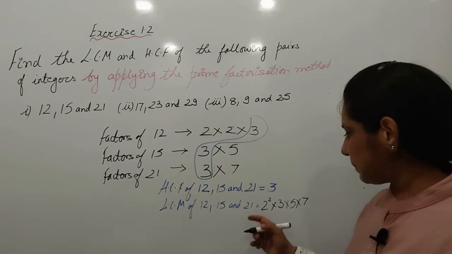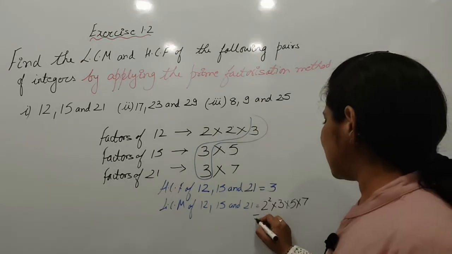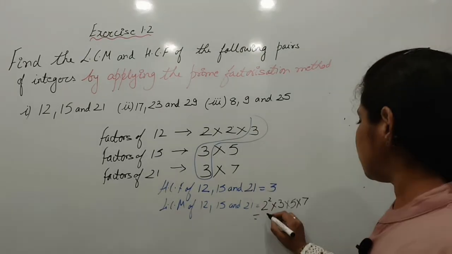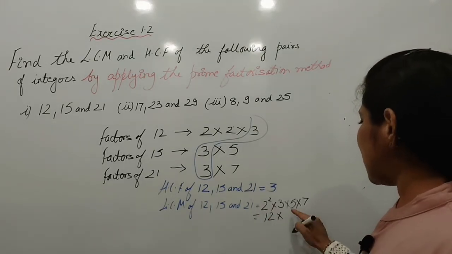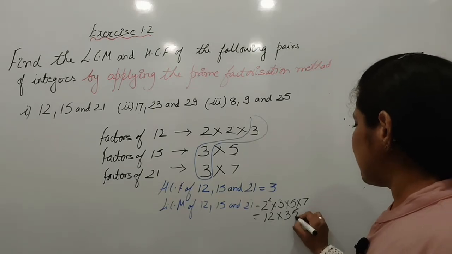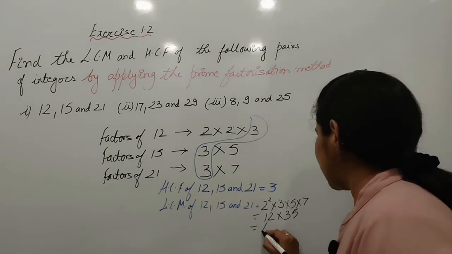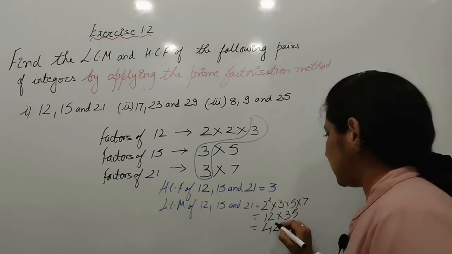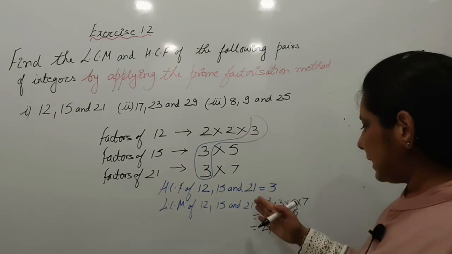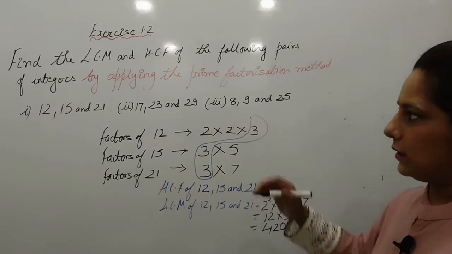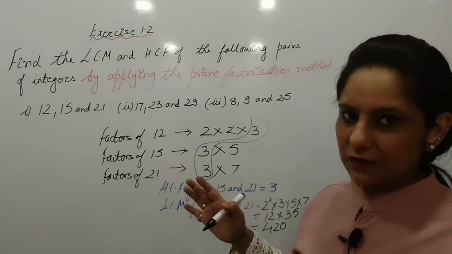So now multiply. 2 square is 4. 4 into 3 is 12. And 5 into 7 is 35. When you multiply 12 into 35, you will get 420. So what is the LCM? The LCM is 420. Here we are not given that verify.